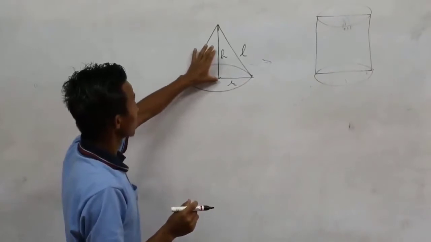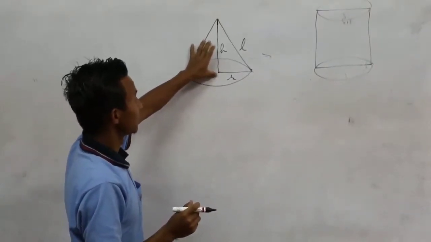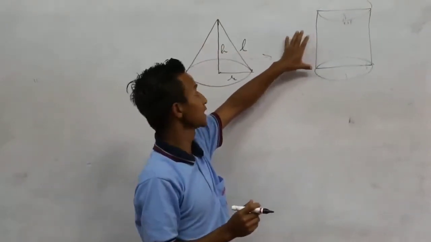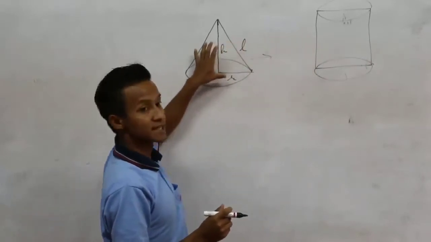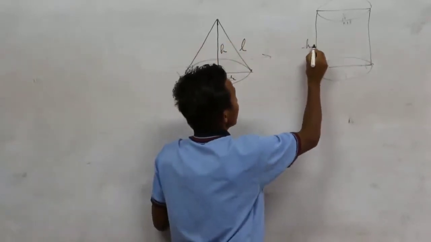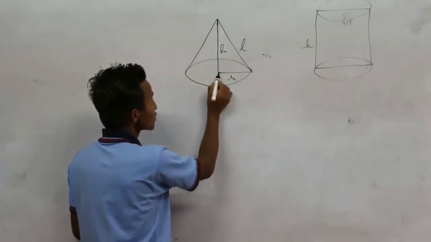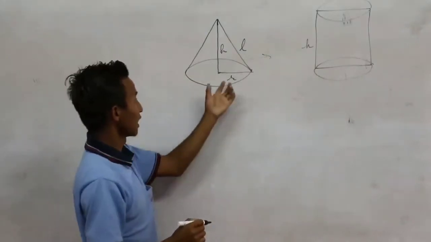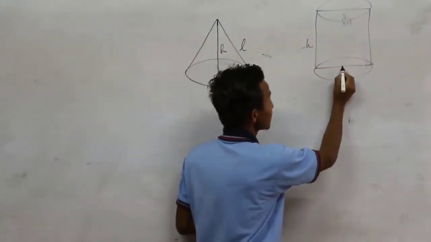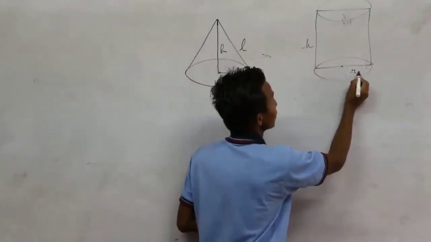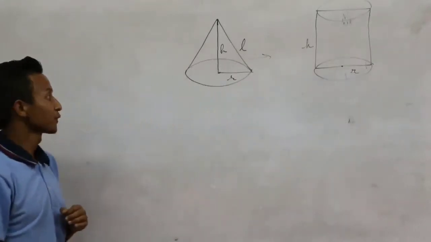Here I have a cone of height h. Also, I will take this cylinder of the same height as this cone, height h. And the cone has a radius r. So I will take a cylinder of the same radius as that of the cone, right?